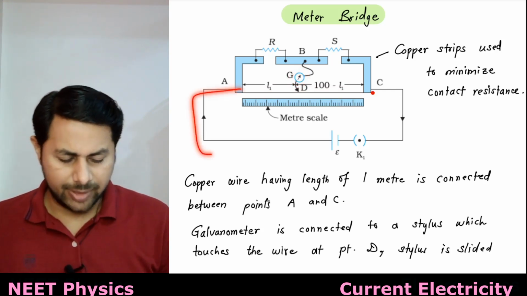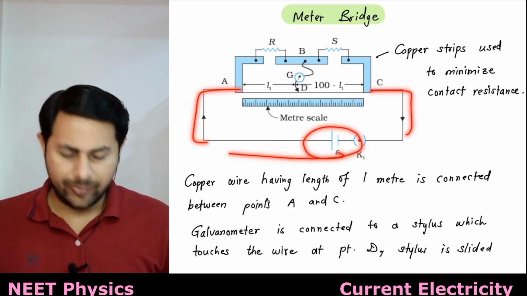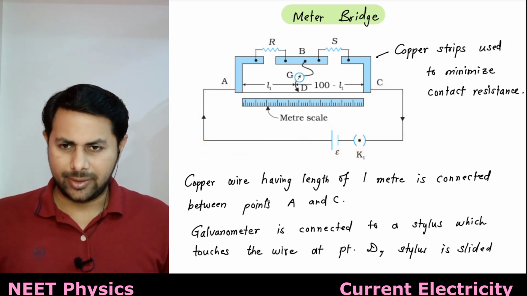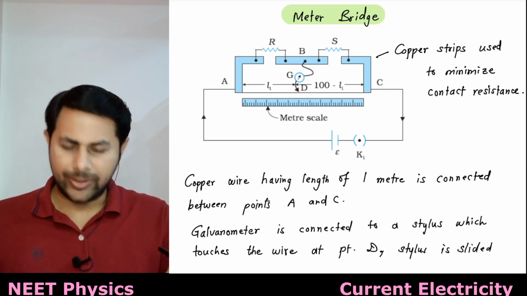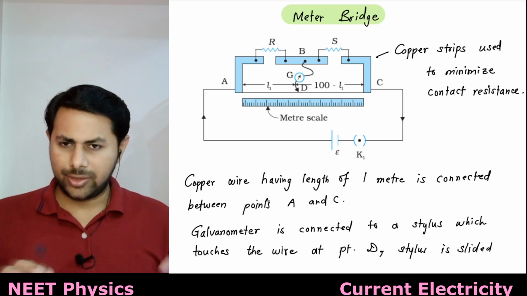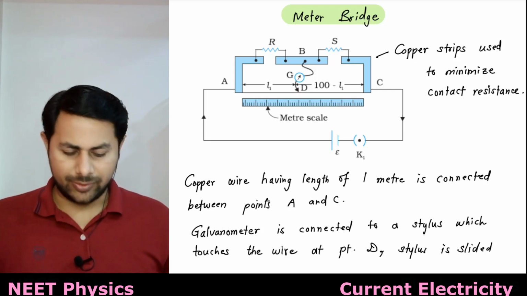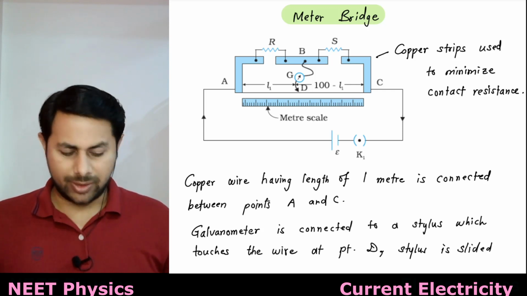This whole assembly, A and C, is connected to a cell. So you slide it till the time the current through the galvanometer becomes equal to 0. You can see that this is just similar to the Wheatstone bridge network. How?